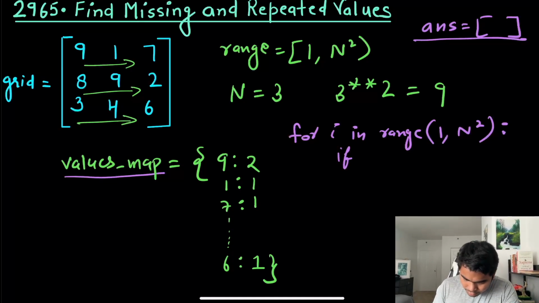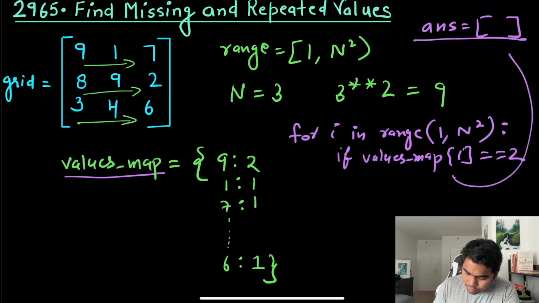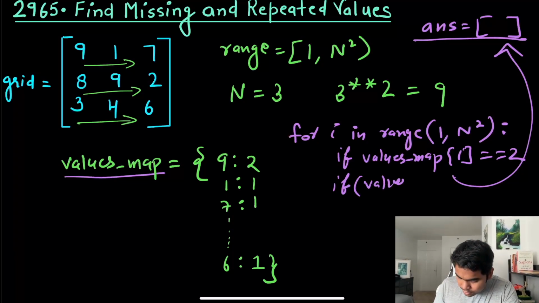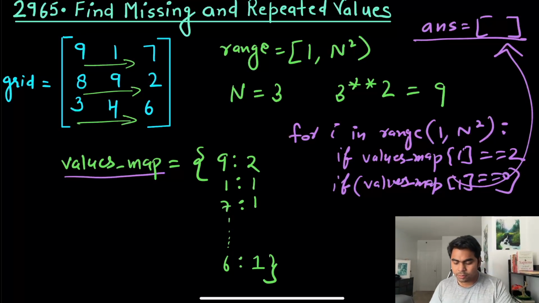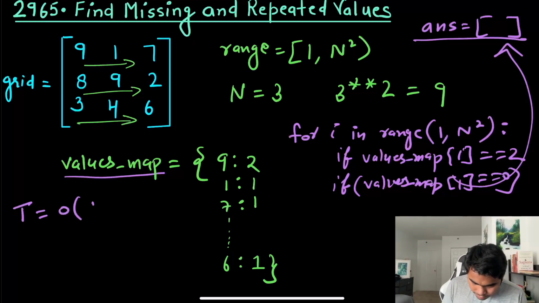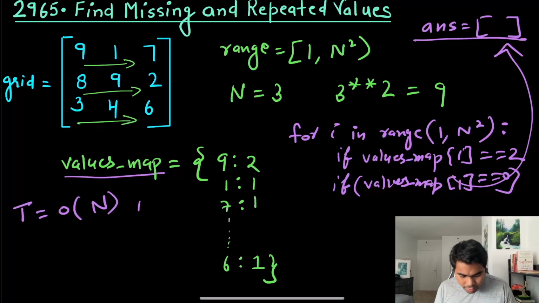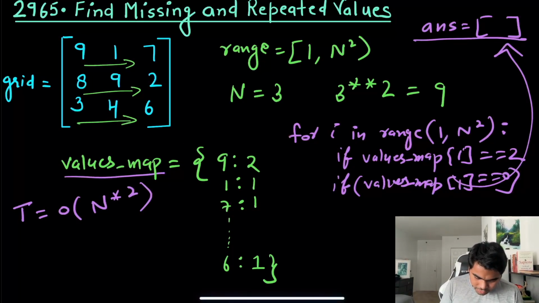So if values map i is equal to 2, then add this to the answer, and same thing, if values map i is equal to 0, then also add it to the answer. Now for this solution, the time complexity would be big O of n square, and space complexity is also n square.